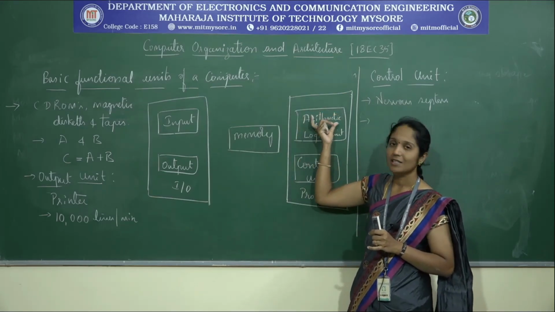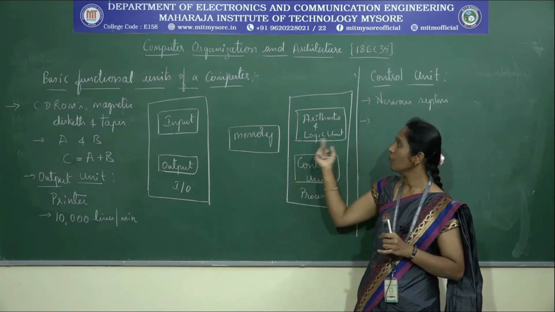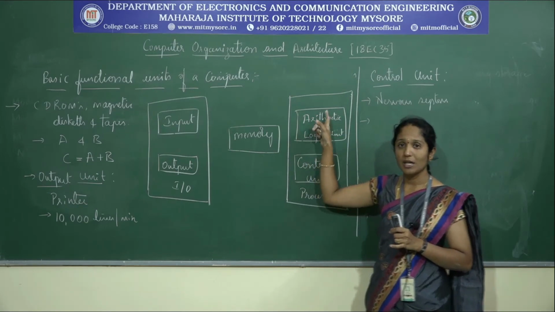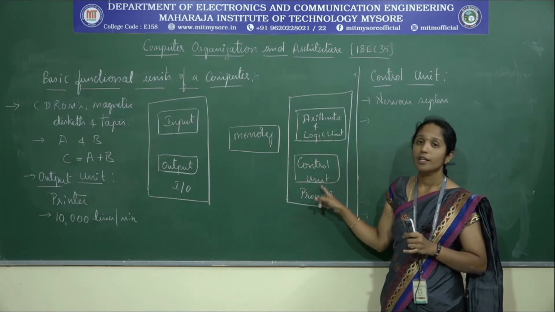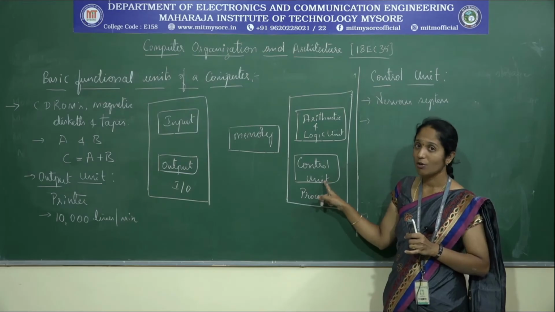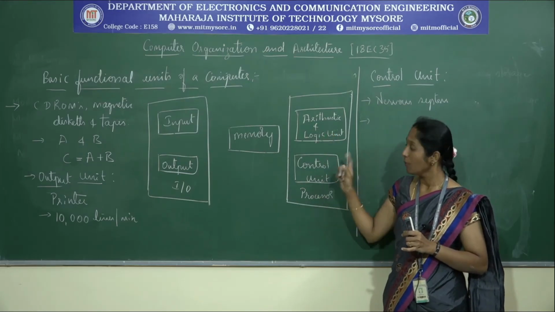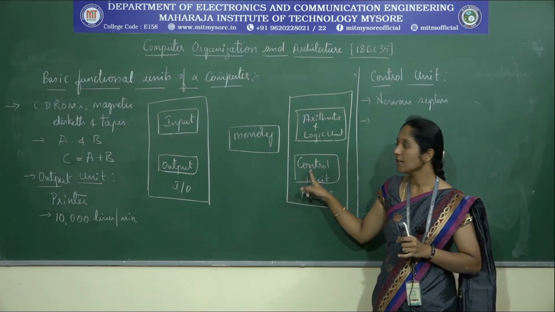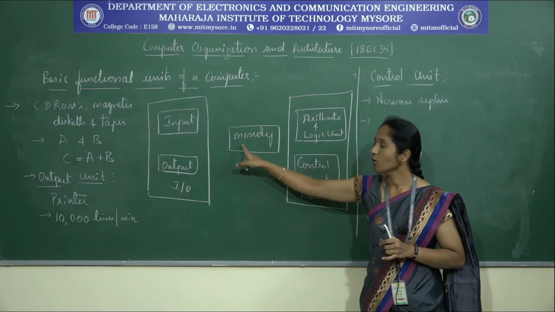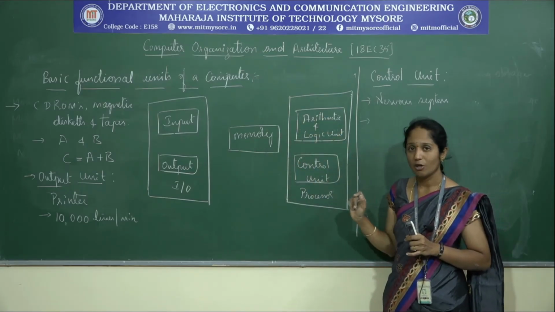In order for the arithmetic and logic unit to perform any arithmetic or logic operation, the control unit has to give a command and control signal. Before that, it has to give the command or control signal to the memory to send the data required by the arithmetic and logic unit.